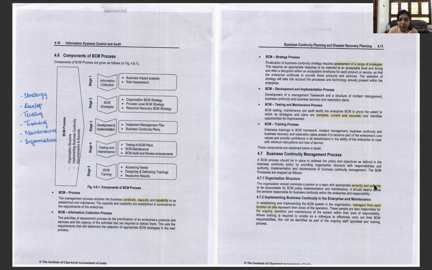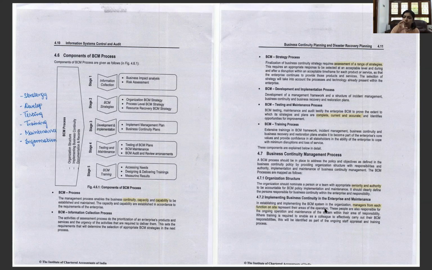Next is implementing business continuity. That is what is important, right? We are all learning this because business continuity is of main importance. Let us look into it. In establishing and implementing the BCM system, managers from each function site should represent their areas of operation. So the top level is there, and we have critical business functional areas.